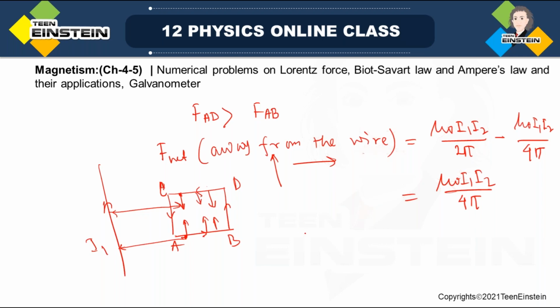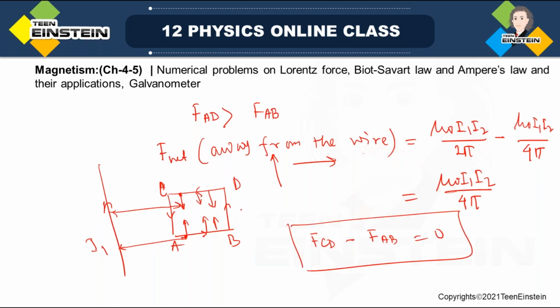That's why they balance, and FCD minus FAB gives you 0 because they are equal in magnitude.